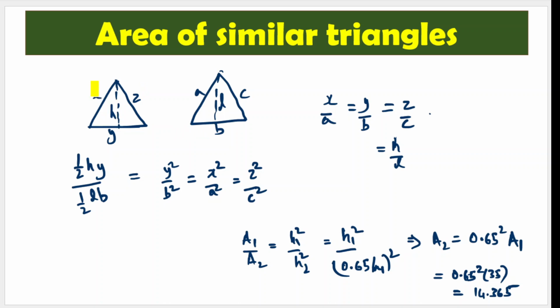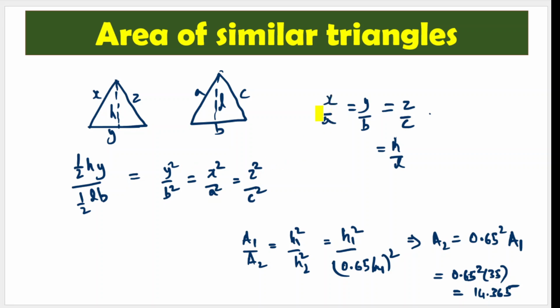What does that mean? x by a is equal to h by L also, because again these two are similar triangles. So x by a is equal to y by b equal to z by c is equal to h by L. Now h by L, y by b, we can replace them however we want. h by L we can replace with y by b, and if we let y by b be, then the ratio of areas of these two triangles is y square by b square.